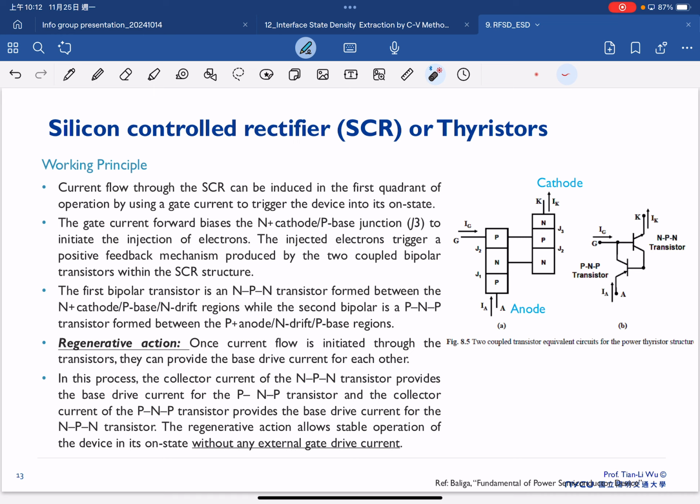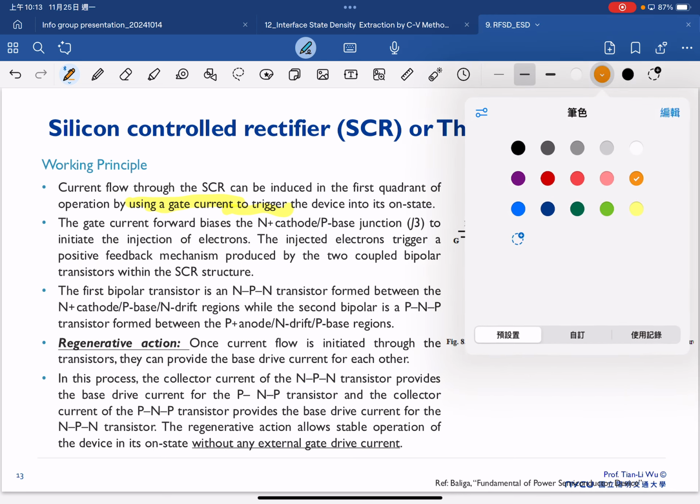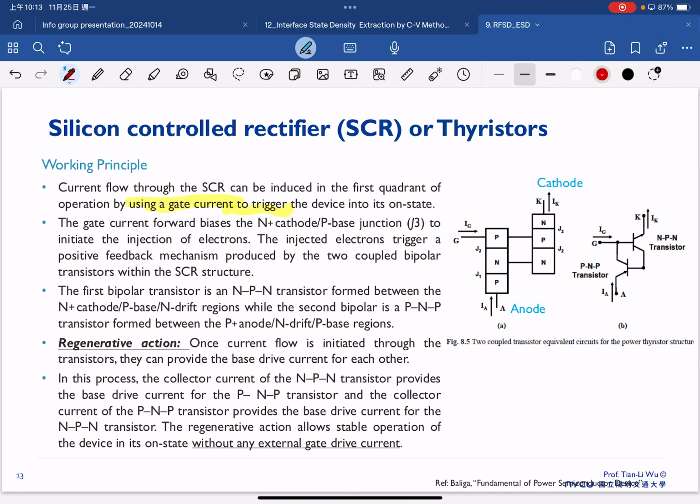First of all, in a typical thyristor or SCR, we intentionally provide a gate current to trigger the device into the on state.